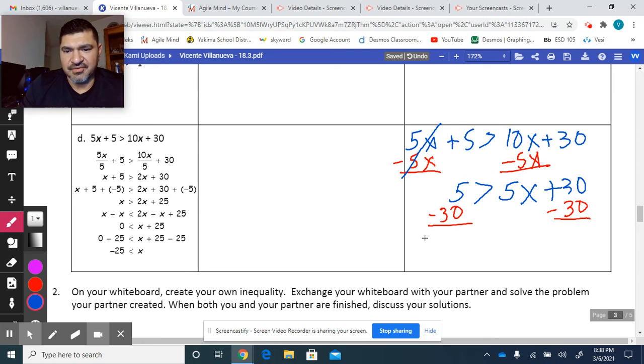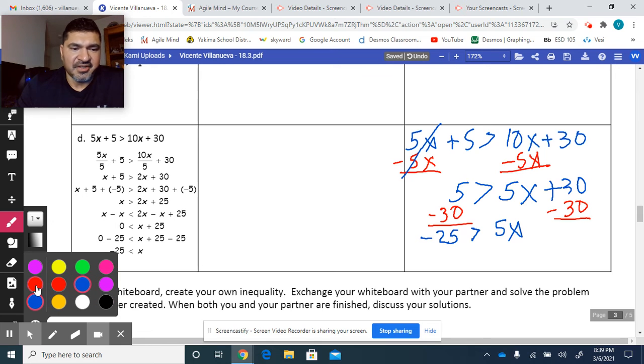So 5 minus 30, that's going to be a negative 25. And then I have 5x. Notice I did not change any of the signs, okay? All I did was subtract 30. I didn't multiply or divide by a negative. I have not done that whatsoever, so I don't change the sign. So now I have negative 25 is greater than 5x.